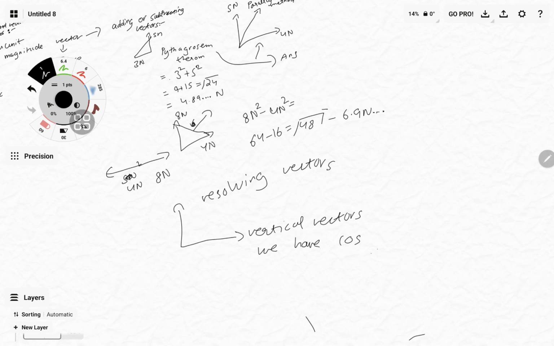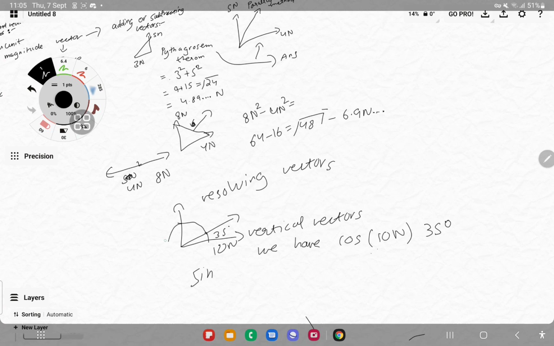cos. Let's say this is 35 degrees and 10 Newton. So we'll write cos 35 degrees times 10 Newton into the calculator to get the answer. Otherwise we will use sin, and it will be from here, clockwise or anti-clockwise. If it's vertical, it will be clockwise, otherwise it's anti-clockwise, like here.